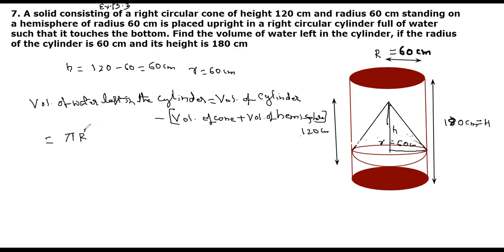Put the formula first, pi r square h, minus the volume of the cone, 1 by 3 pi r square h, although they are the same, plus, the radius is the same, so small r and capital R are the same, we can take the same radius, but the height is different. The volume of the hemisphere is 2 by 3 pi r cube.